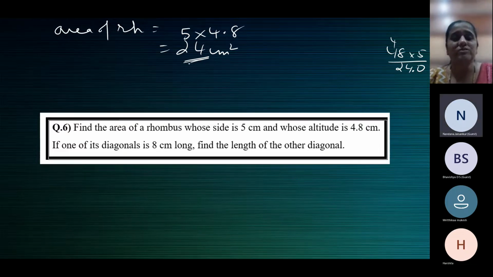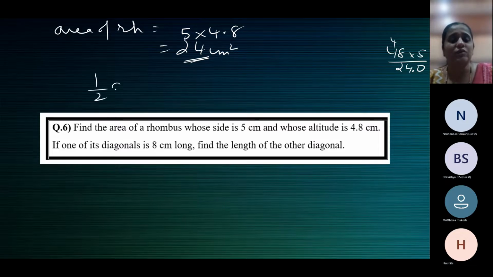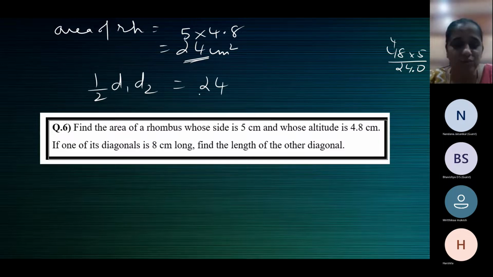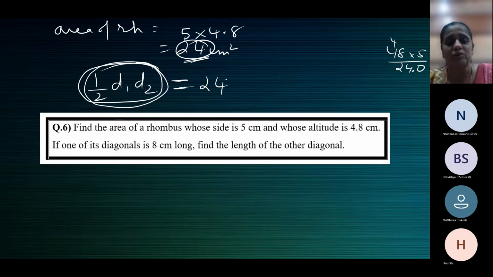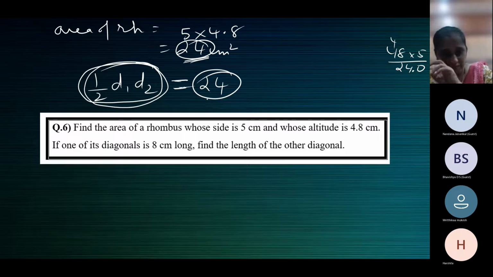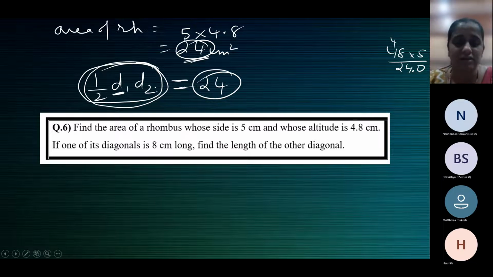Half D1 D2 is the formula for the area of the rhombus, so half D1 D2 is equal to 24, because we already found the area to be 24. We know the length of one diagonal, so substitute that and find the length of the other diagonal.